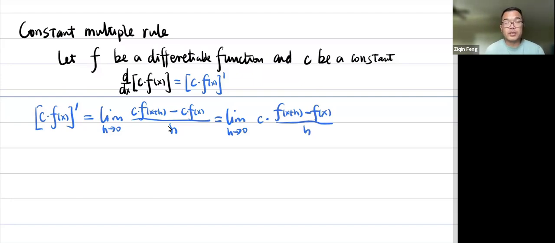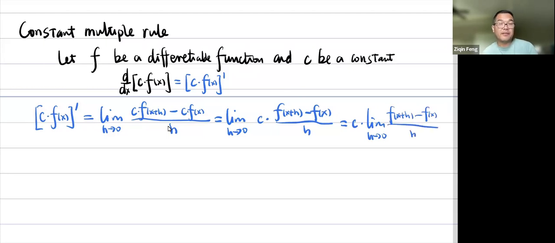Remember, when we introduced the limit laws, we can bring the constant out, right? So this is equal to c times the limit as h goes to 0 of f of x plus h minus f of x over h.